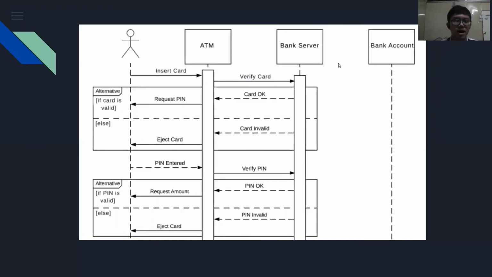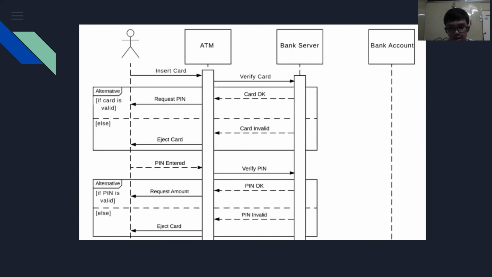So for part 2, if the card inserted into the ATM machine is okay, the bank server will request the PIN from the actor. So the actor will enter the PIN into the ATM, and the bank server will verify the PIN.